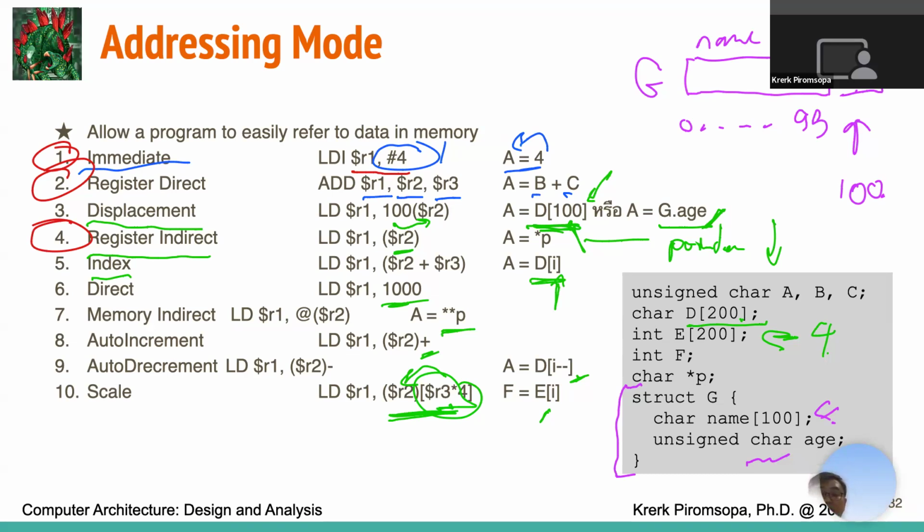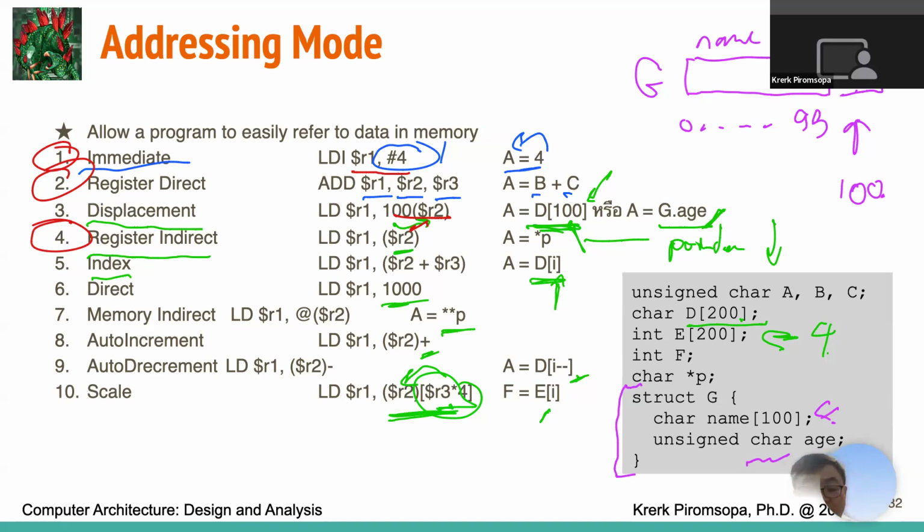Why 3? Because if you do the calculation first and put it in R2, it would work, right? Okay, let's try this. Let's say we only have immediate, register direct, and register indirect. Now let's say I want to emulate displacement.